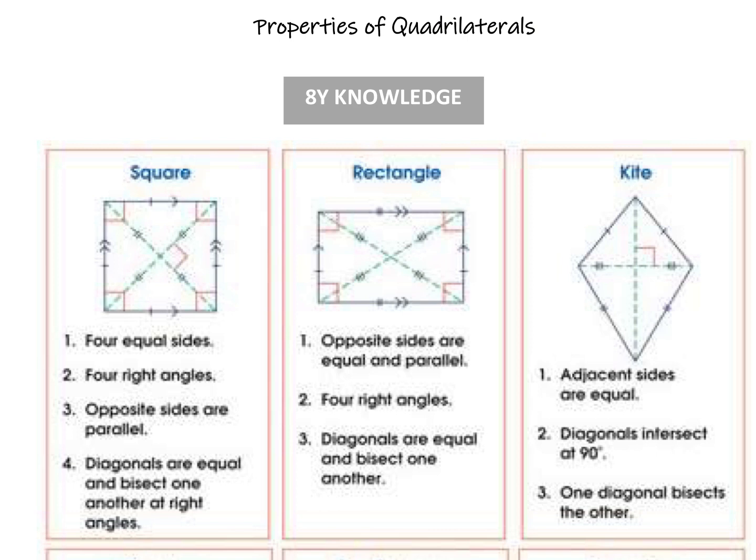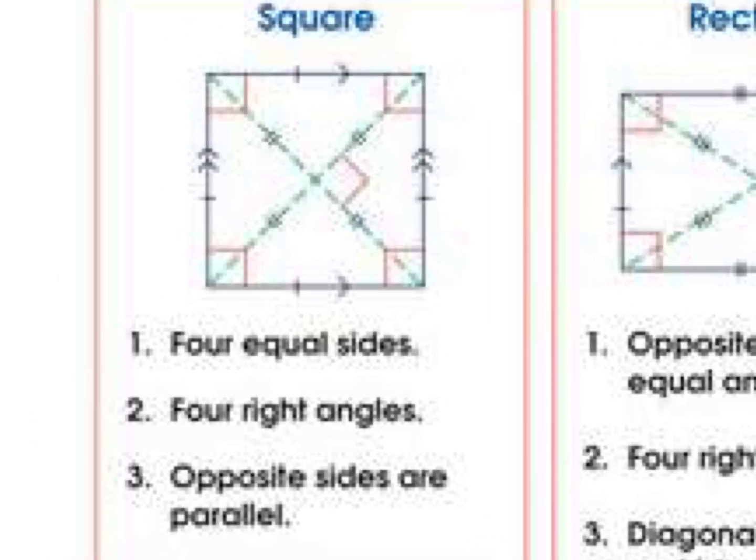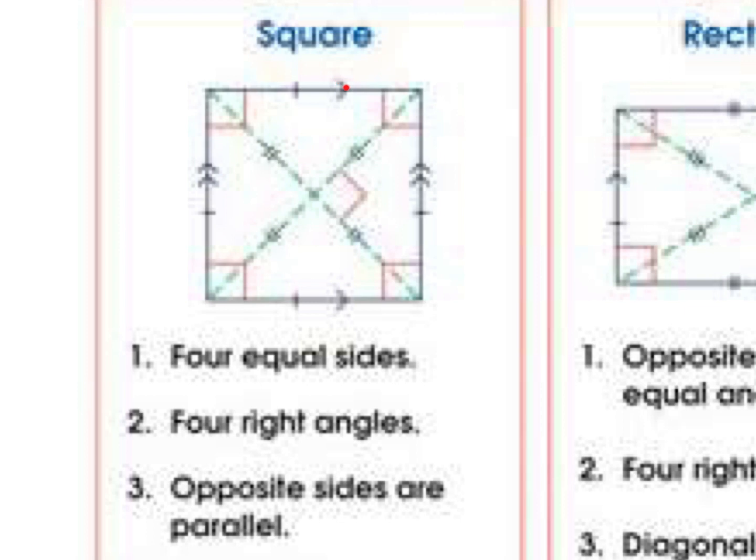Properties of quadrilaterals. These are just some facts that you need to know and learn. So a square has got four equal sides, four right angles. The opposite sides are parallel. You'll notice there, I know this is quite poor pixelation, but one set of arrows to indicate that these two are parallel.